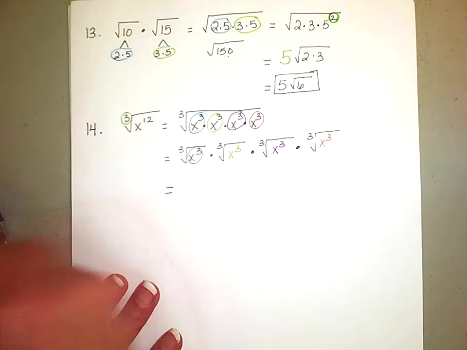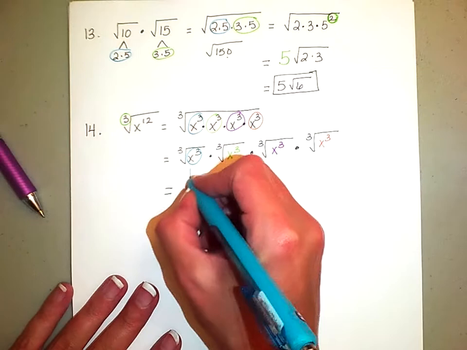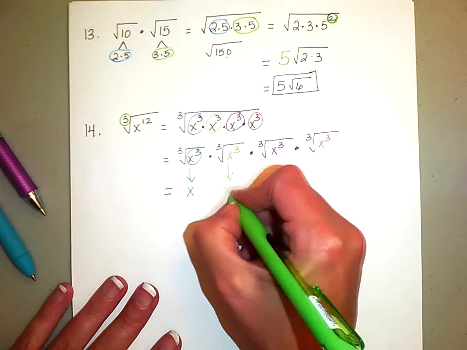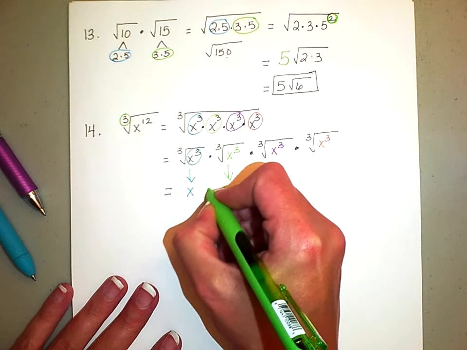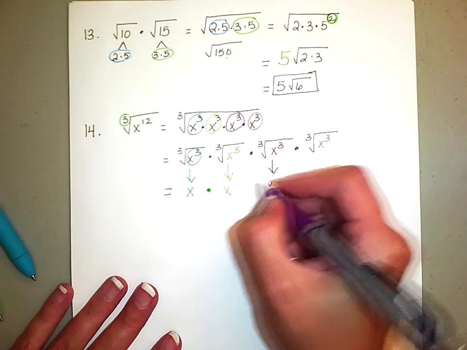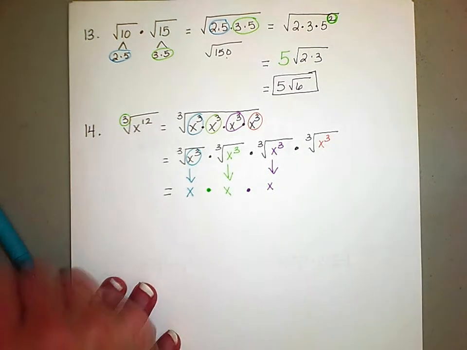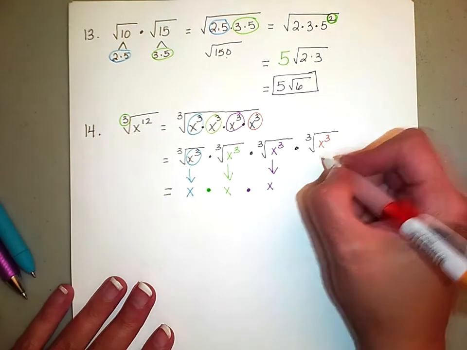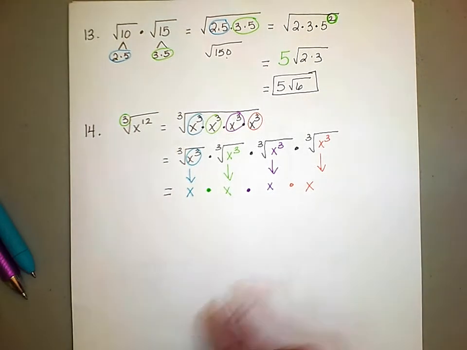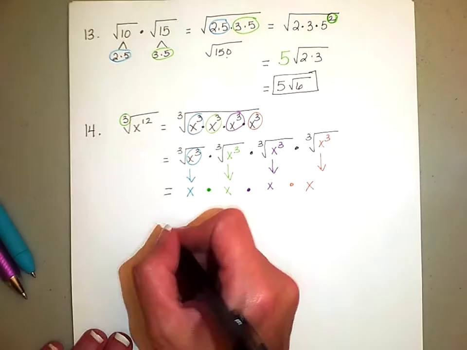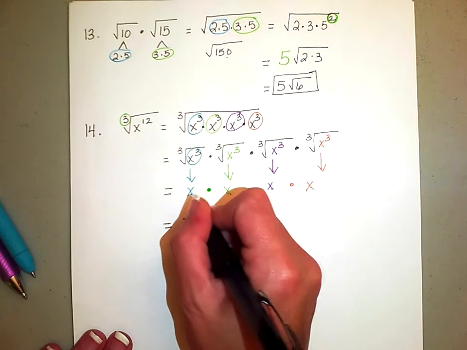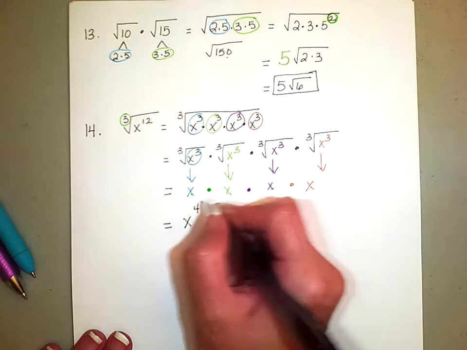And now each of these can be simplified. This one becomes x. This one becomes x. The multiplication still stays. This one becomes x. The multiplication stays. And this one becomes x. The multiplication stays. So in the end, we have 1, 2, 3, 4. So we have x to the 4th power.